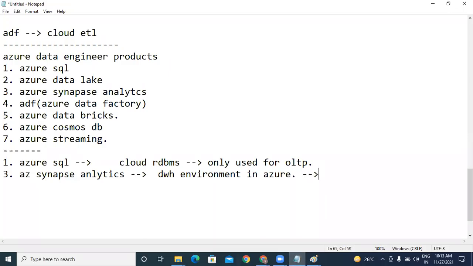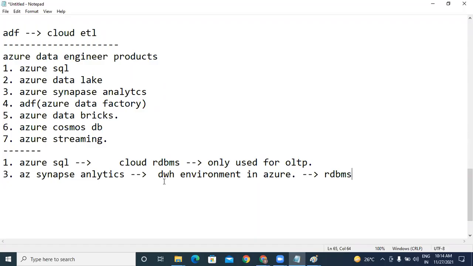Of course, this also comes under the RDBMS category, but not for OLTP, only for the warehouse. That means end user transactions you cannot direct to Synapse. End user transactions will be captured by Azure SQL. Later, by using ADF, you will extract data from SQL and load it into the target.